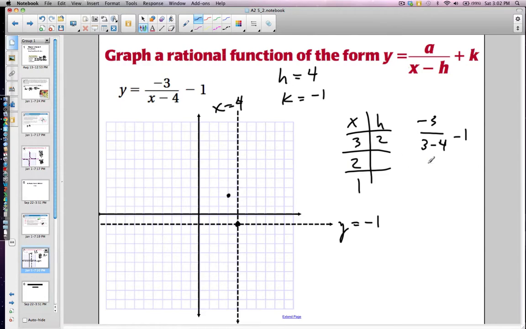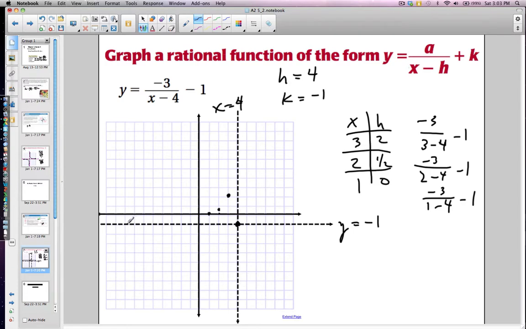When I put 2 into the same deal, I'll have 2 minus 4 is -2. -3 divided by -2 is 3 halves. 3 halves minus 1 is 1 half. So here I'll be at 1 half. And when I put 1 into this, 1 minus 4 is -3. -3 divided by -3 is 1. 1 minus 1 is 0.